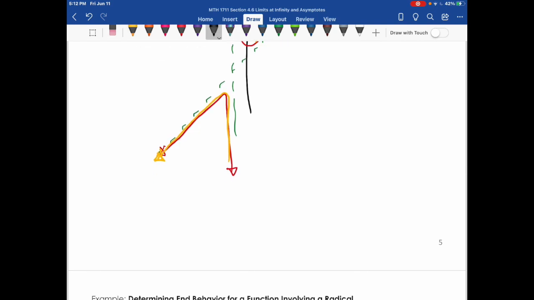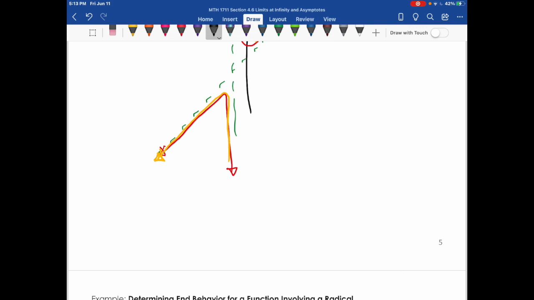Now, if we think back to our rules in college algebra, remember, there were 3 rules. We already covered 2 of them. There was one rule that said if the degree in the numerator is the same as the degree in the denominator, then you take the leading coefficient of the top and the leading coefficient of the bottom and divide them, and that's going to give you your horizontal asymptote. Then the next rule was if the degree of the top was smaller than the degree of the bottom, then no matter what, the horizontal asymptote was going to be y equals 0.